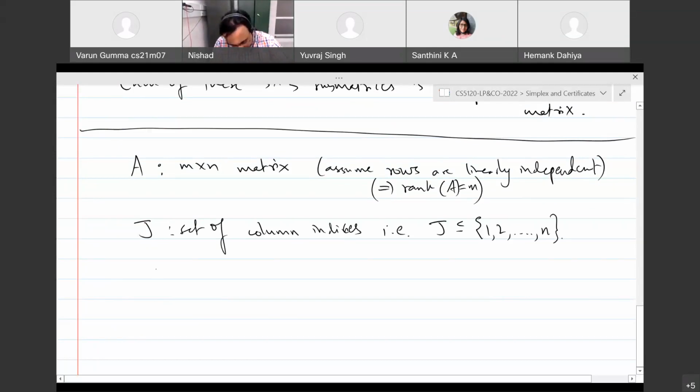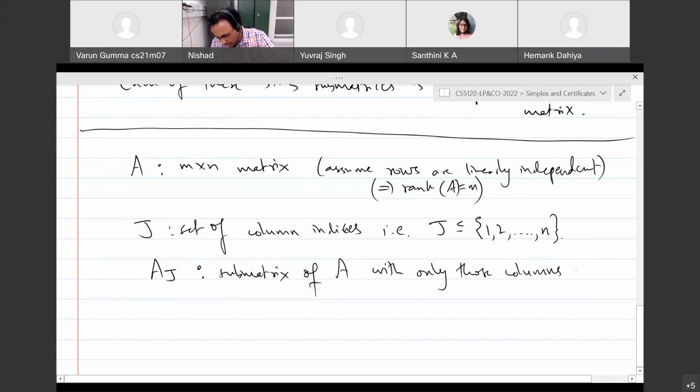So if I want to represent the matrix formed by those columns, I will write it as AJ. This is a submatrix of A with only those columns as specified by J.